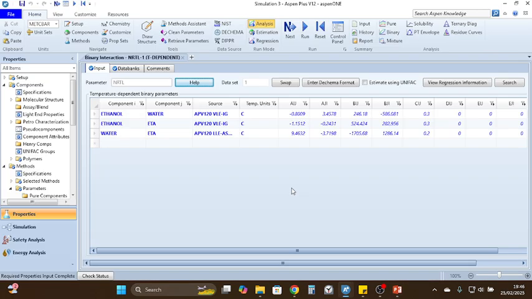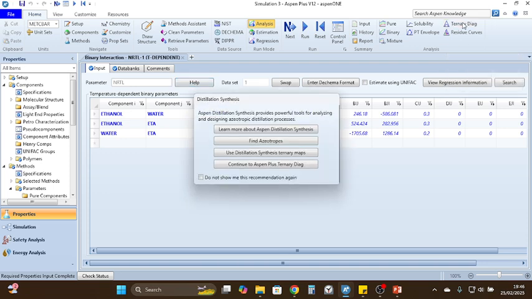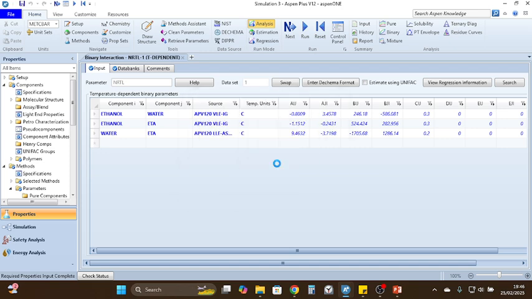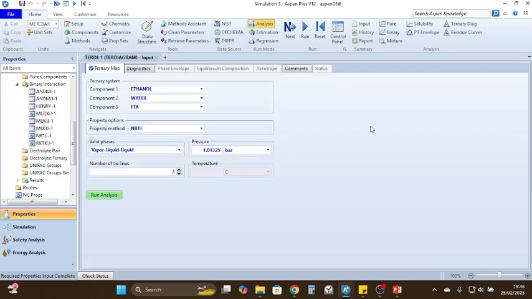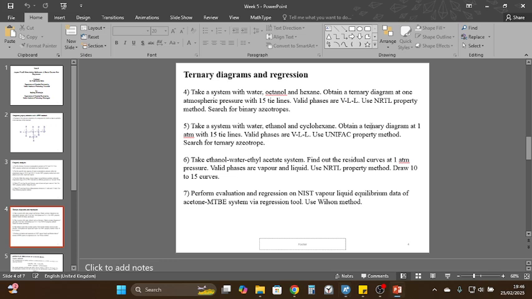Next we have to do ternary analysis, so we are going to select ternary maps from here. Let me select this, continue to ternary diagrams. So what is being asked?